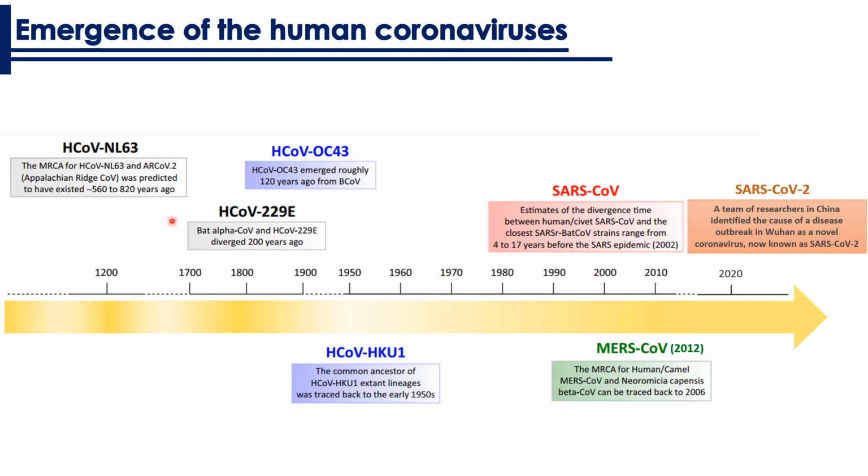After that, the HCoV 229E emerged some 200 years ago from bat alpha coronavirus, and some 100 to 120 years ago emerged the HCoV OC43, and in the early 1950s HKU1 was reported. All these 4 human infecting coronaviruses actually cause common cold-like symptoms, and they're not that lethal.